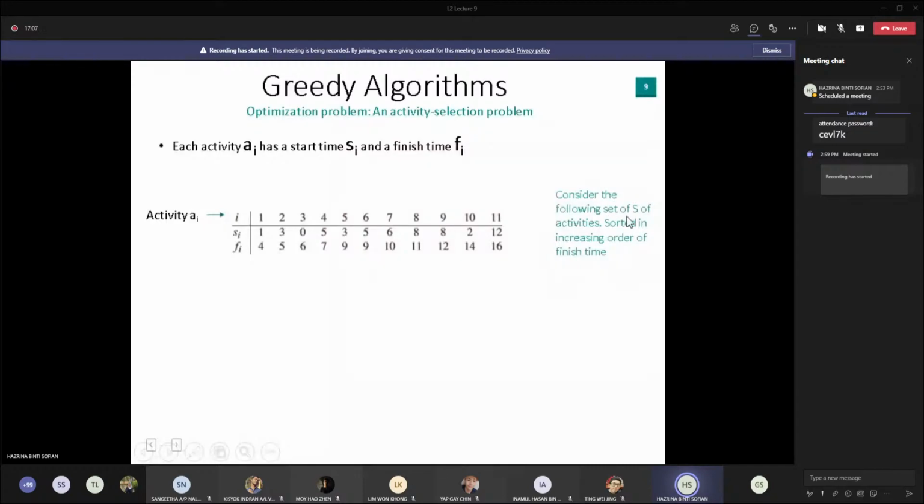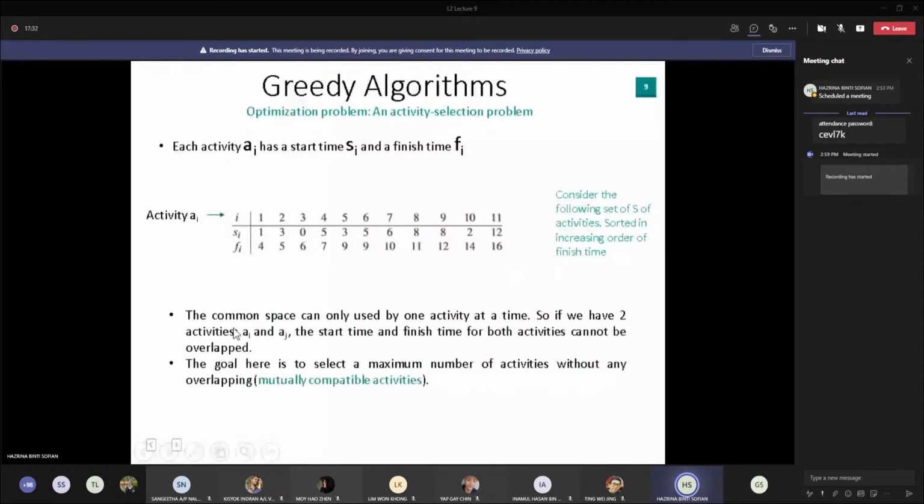Considering the following set S of activities, what we need to do before we apply the greedy method is to sort everything in order of finish time. So all of these activities are sorted based on their finish time. This is the rule that I explained before: the BK2 can only be used by one activity at a time.